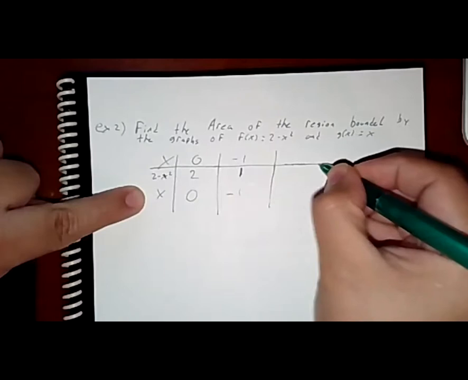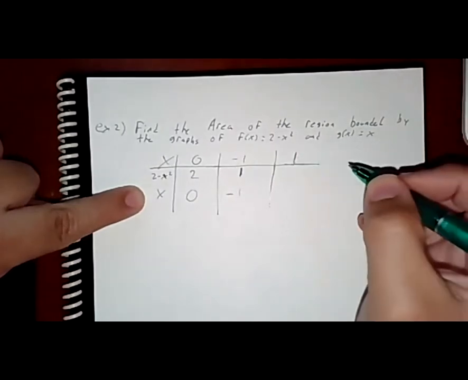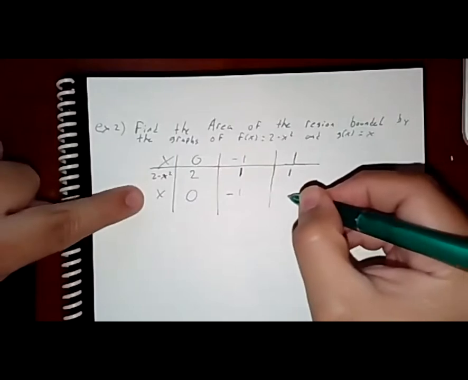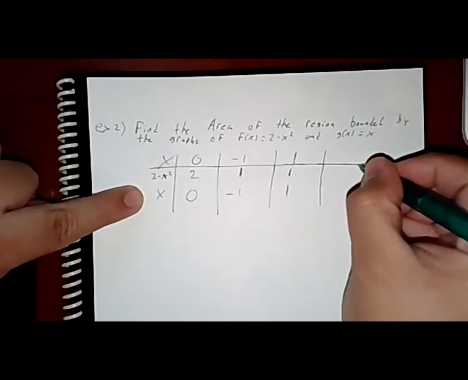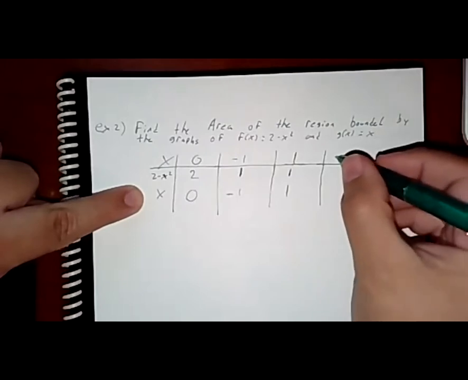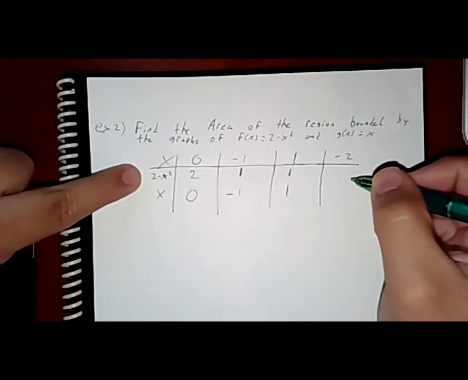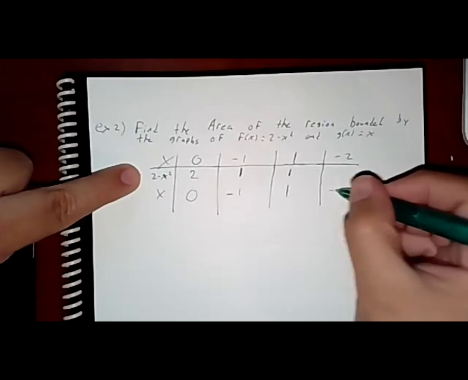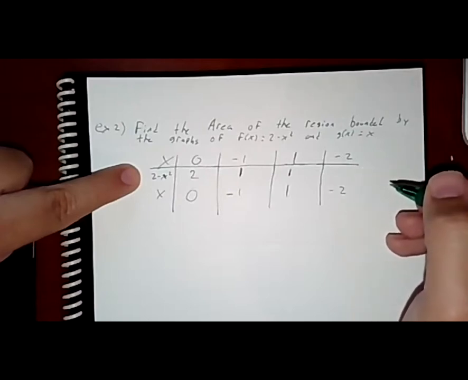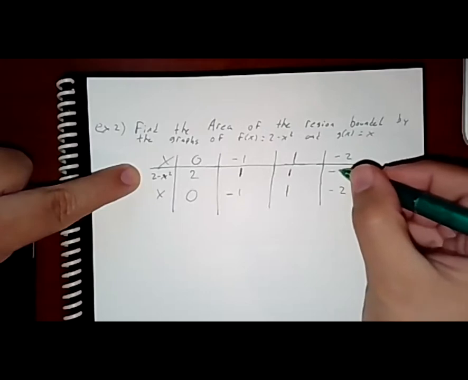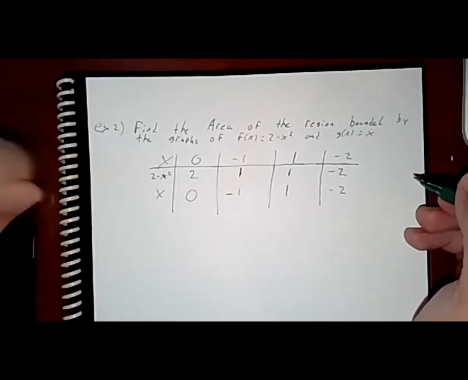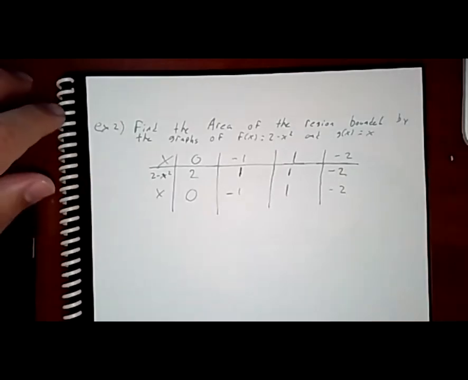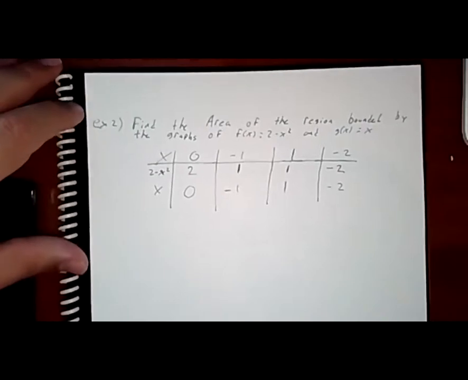Let's do 1, this one will be the same deal, right? I don't think I need any more, but whatever. Let's do -2. What's the first one going to be? It'll be 2 minus 4, right?